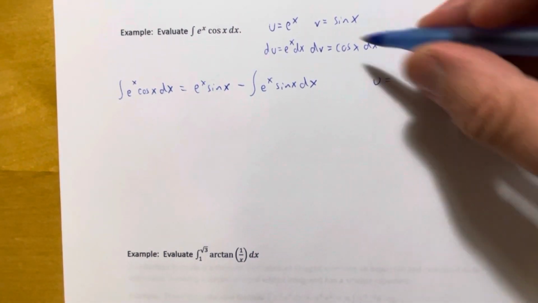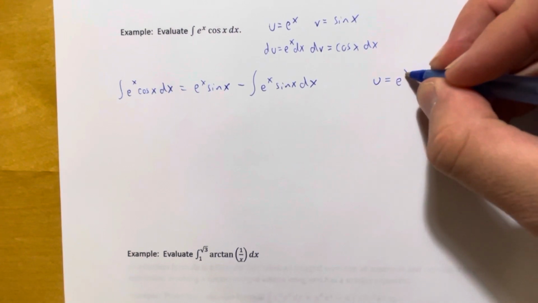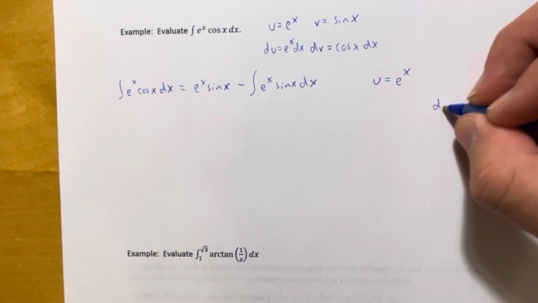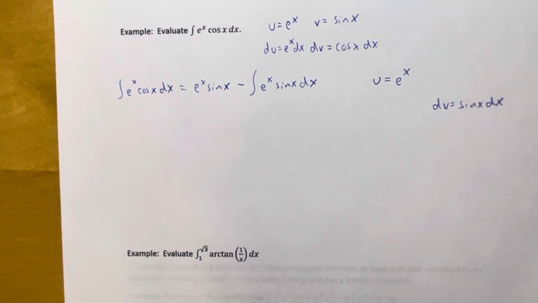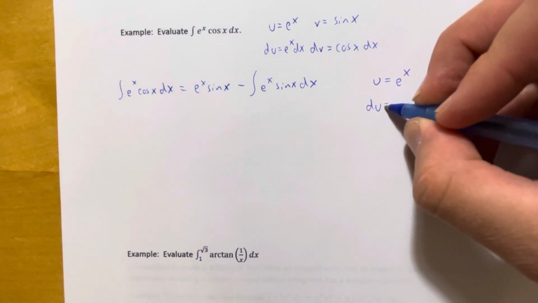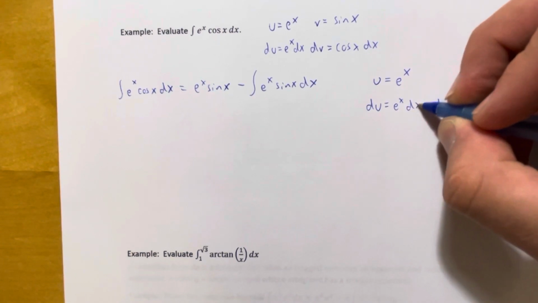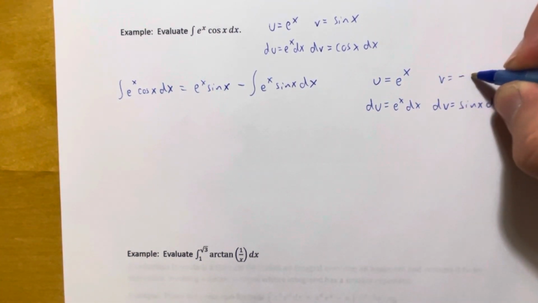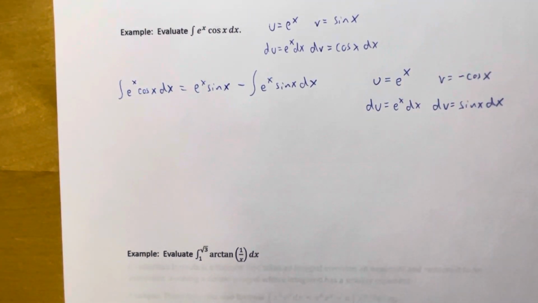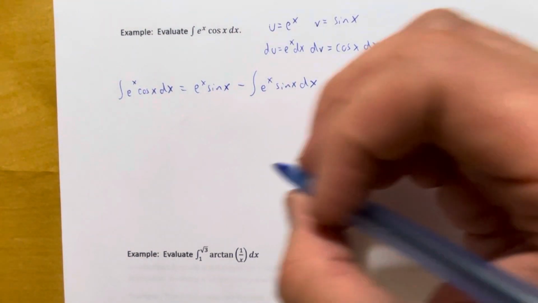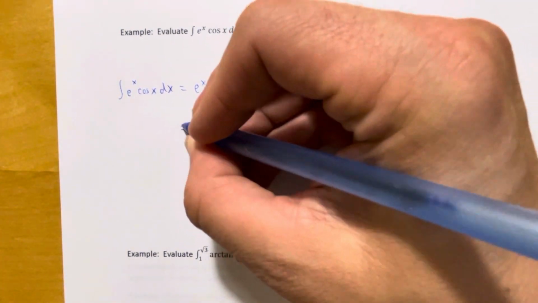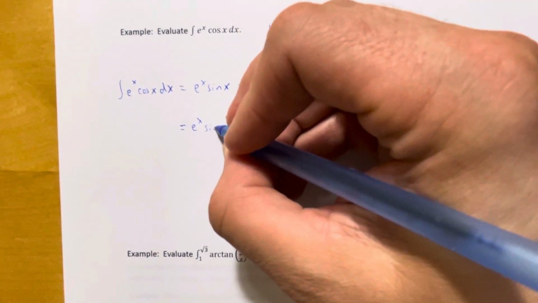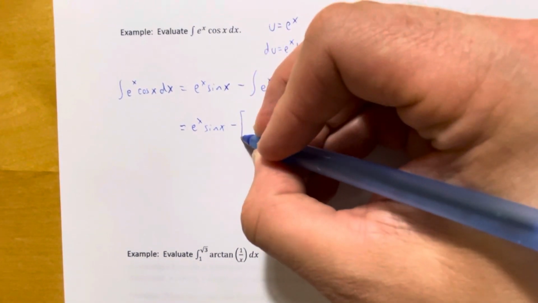I'm going to kind of go with the same strategy as before. Let's let the exponential function be u, and this time dv is going to look like sine of x dx. So once again, du will equal e to the x dx. V in this case will look like negative cosine of x. And now I can work this out with integration by parts. So this is going to be equal to e to the x sine of x minus, remember, put square brackets here.